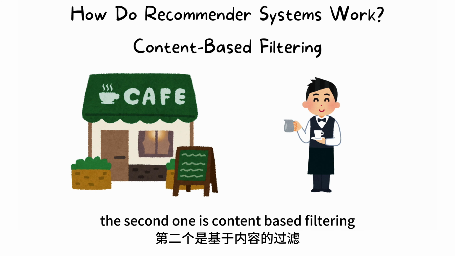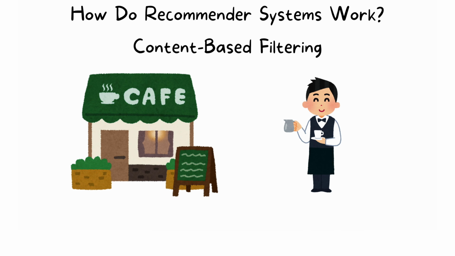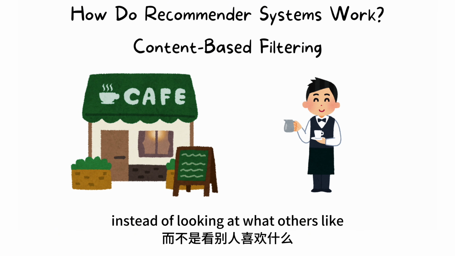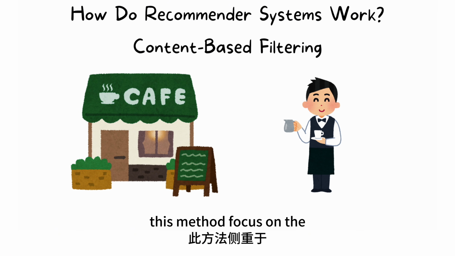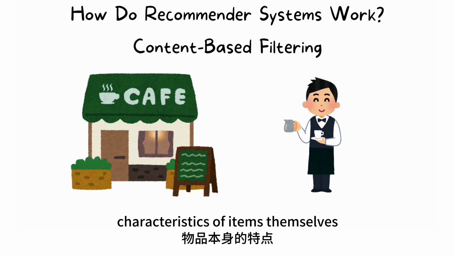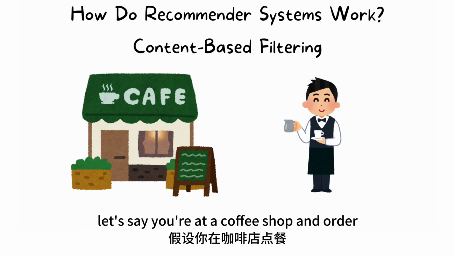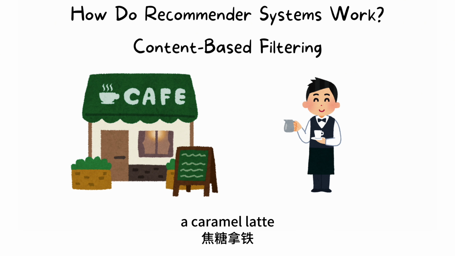The second one is content-based filtering. Instead of looking at what others like, this method focuses on the characteristics of items themselves. Let's say you are at a coffee shop and order a caramel latte.